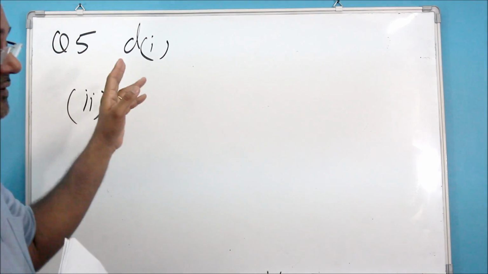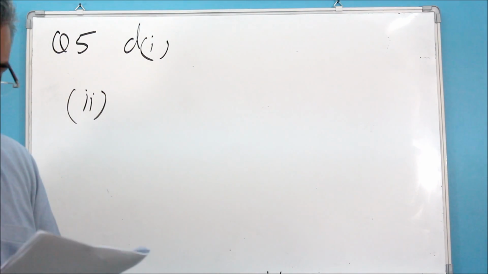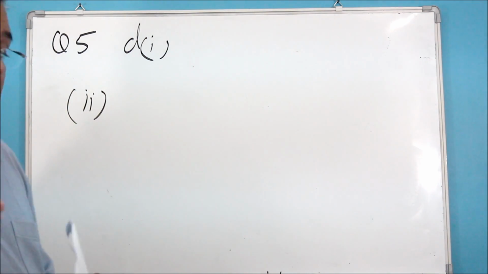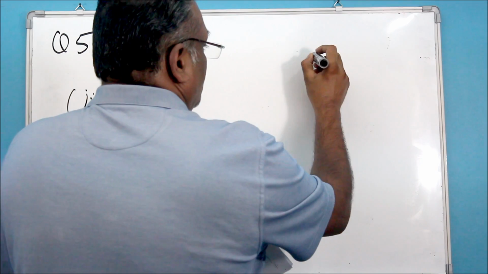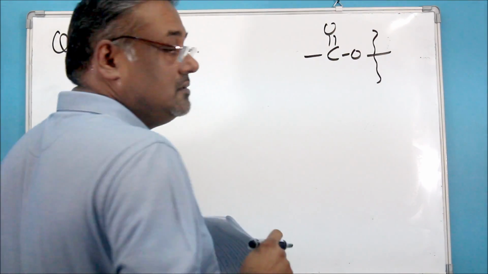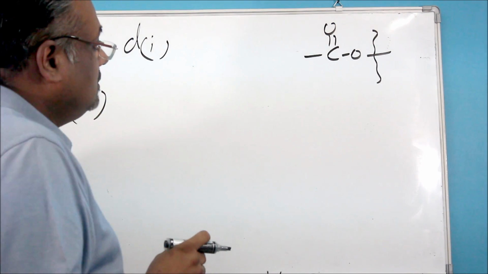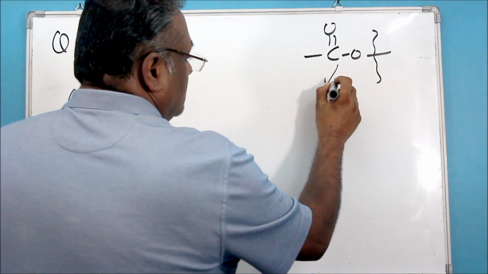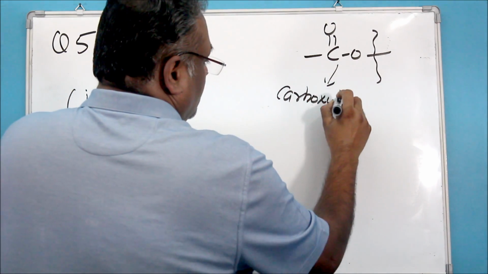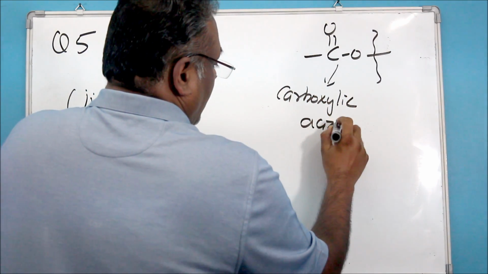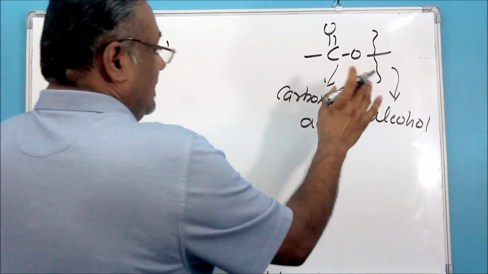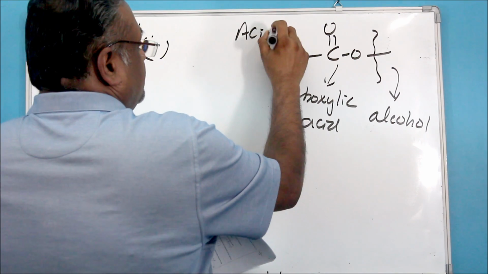For question 5, D1, it says, what is the identity of the single organic compound R? Now, as I was saying earlier, if you look at an ester group and you break it this way using acidic hydrolysis, it is supposed to give you a carboxylic acid and this part is supposed to give you an alcohol.